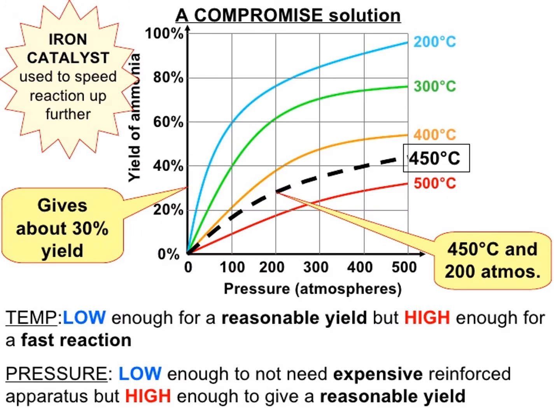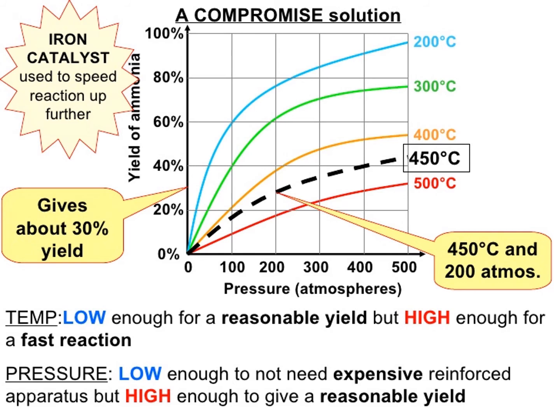Now look at this graph. There is a graph between yield of ammonia and pressure in atmospheres. For this Haber process, the optimum temperature is 450 degrees centigrade and the pressure is 200 atmospheres. According to these reaction conditions, the yield of ammonia is about 30%.